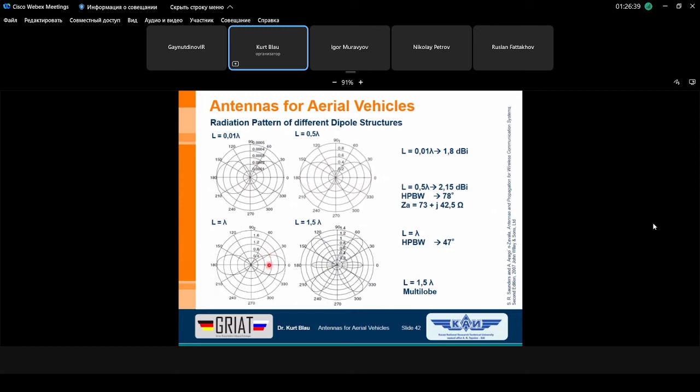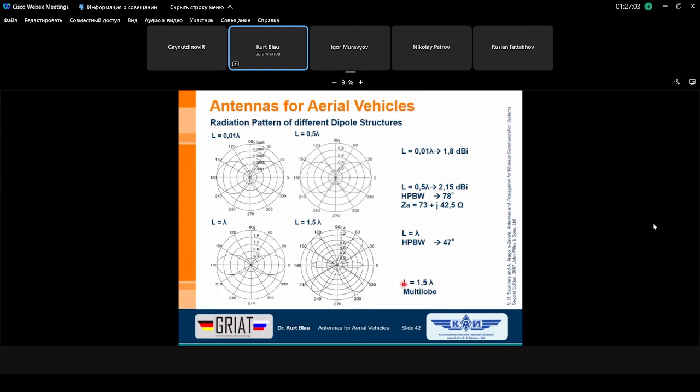That means the gain must be higher because the half power beam width is smaller. Here you can see the half power beam width is 47 degrees. The gain is not given here, but it's larger than 2.15, maybe 2.78 or so, I don't know.